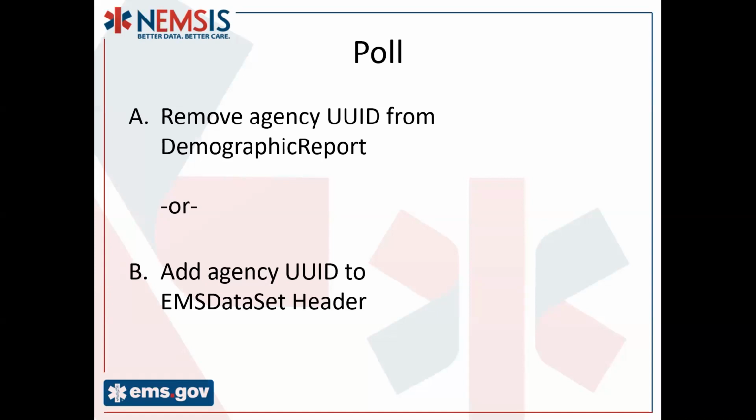Option B is we go ahead and have the UUID on the demographic report element, but we also add it to the header of the EMS data set so that if we're using the UUID to uniquely key an agency in demographics, then we can use that same UUID to identify that agency when we receive patient care report data.